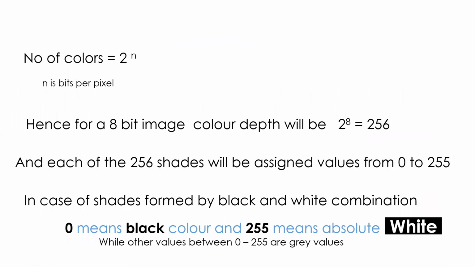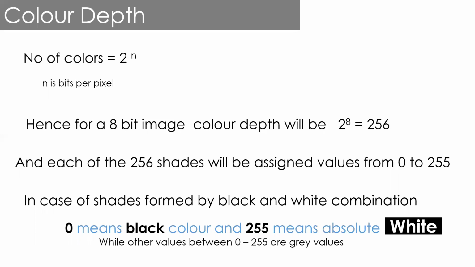As each bit has two values, n bits per pixel can give rise to combinations as a power of 2, that is 2 raised to the power n, where n is the number of bits per pixel. So a 4-bit image will have 2 to the power 4, that is 16 colors. An 8-bit image will have 2 to the power 8, that is 256 colors, and so on.